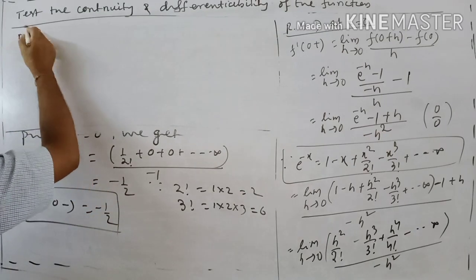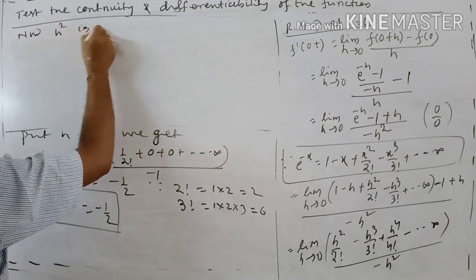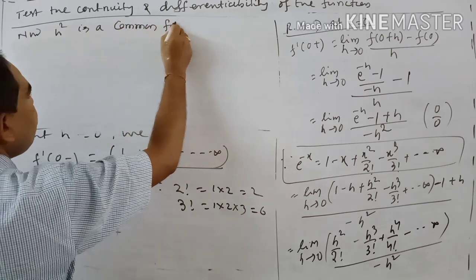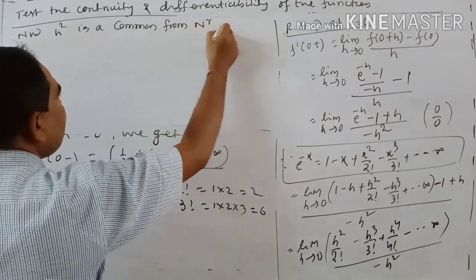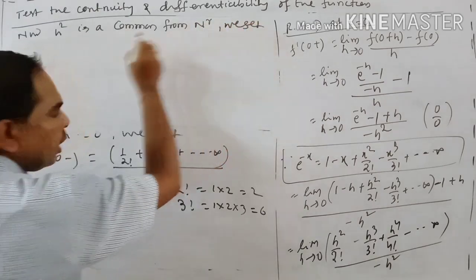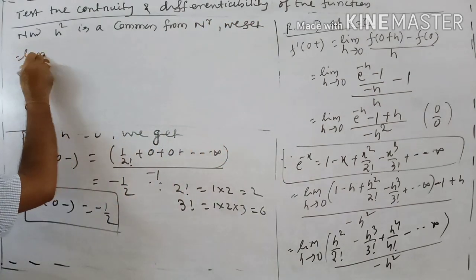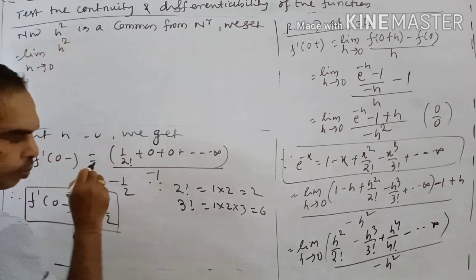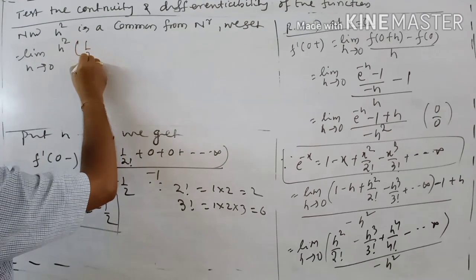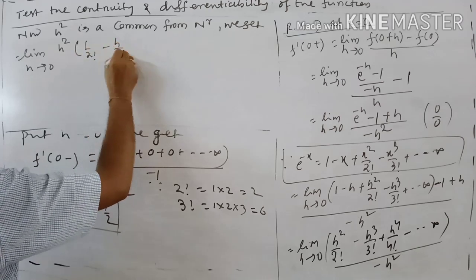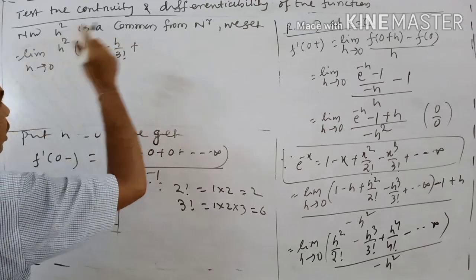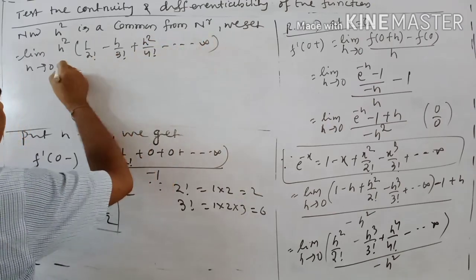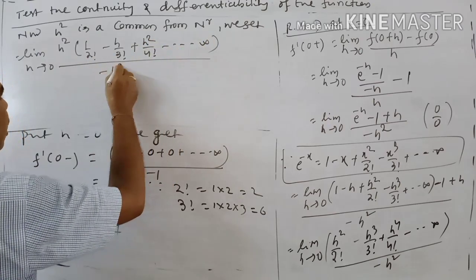Now h square is common from the numerator. We get, this is equal to limit h tends to 0, h square is common, so this is 1 by 2 factorial minus h by 3 factorial plus h square by 4 factorial up to infinity divided by minus h square.